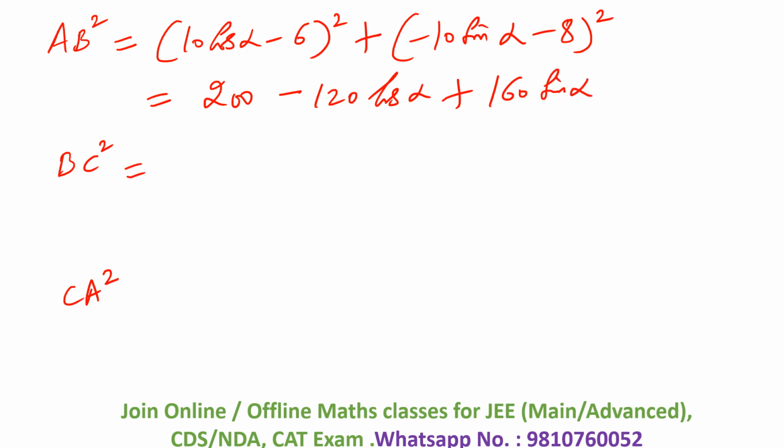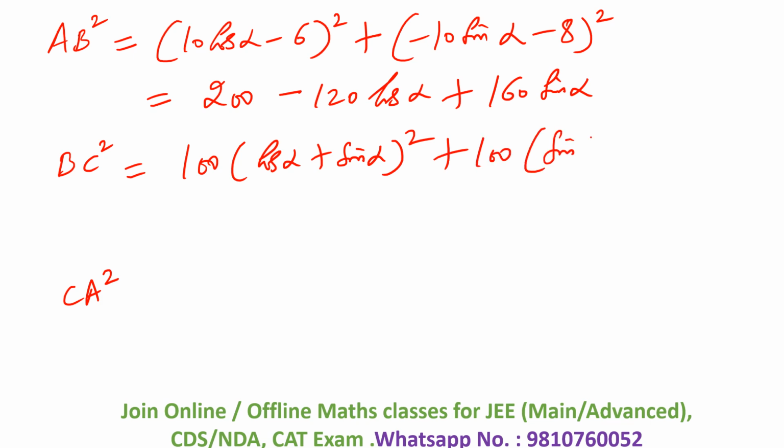Right? Similarly, BC square is going to be 100 into (cos alpha + sin alpha) whole square plus 100 into (sin alpha + cos alpha) whole square. When you open up the brackets, you will be getting 200 plus 200 into sin 2 alpha.